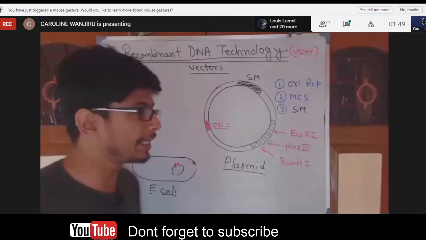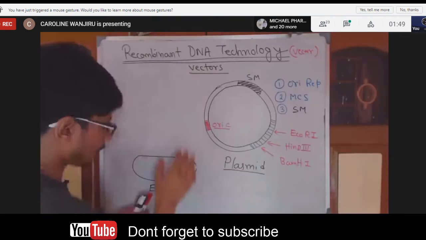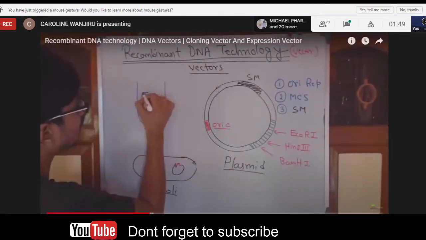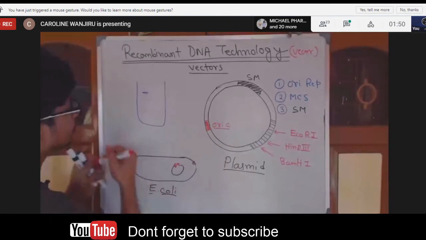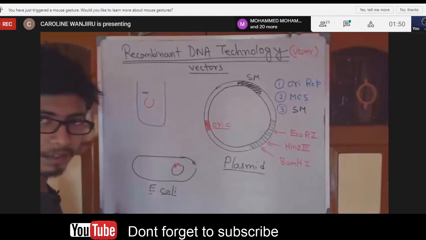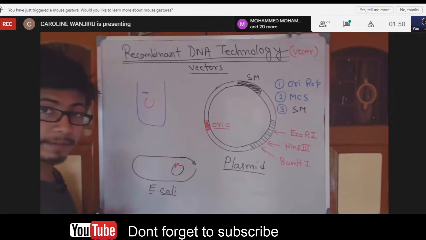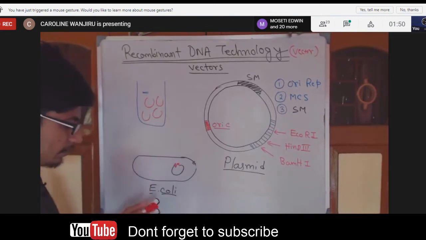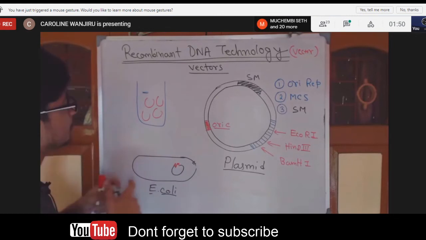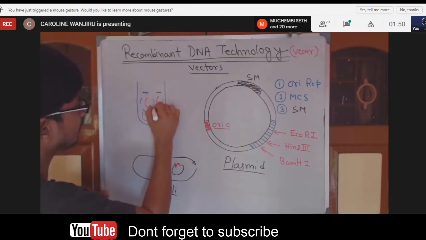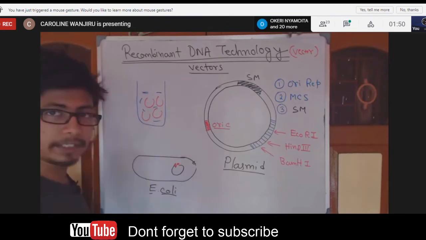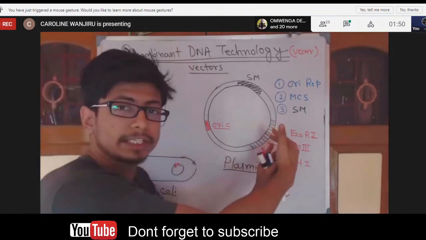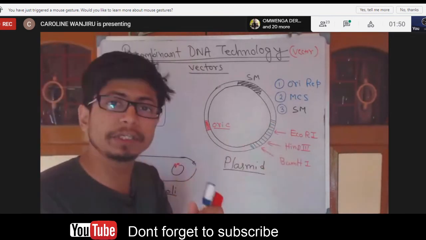So there are three different possibilities, because we are doing all this in a reaction mixture where we have our target DNA and, let's say this is our vector, and we cleave it with restriction enzymes. We add lots of cleaved vector, as well as many target DNA. Now what are the possibilities? And we add the ligase enzyme, remember, because after cleavage with a restriction enzyme, to join the DNA segments we need to add DNA ligase.